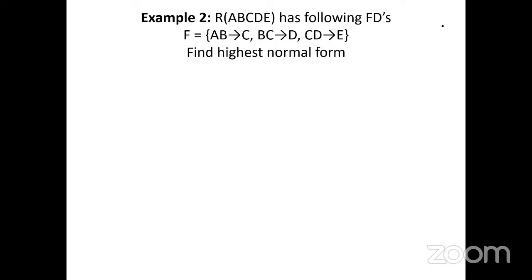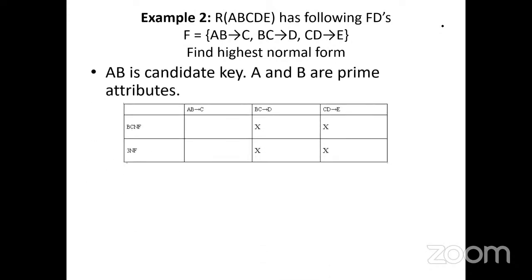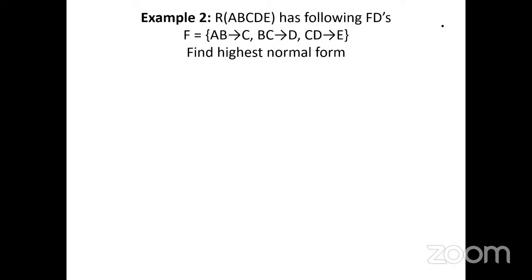Looks like AB only. So when we say AB is the key, the prime attributes are A and B. And again, this FD1, does it satisfy the rule of second NF? Yes, sir, because the non-prime fully depends on the key.